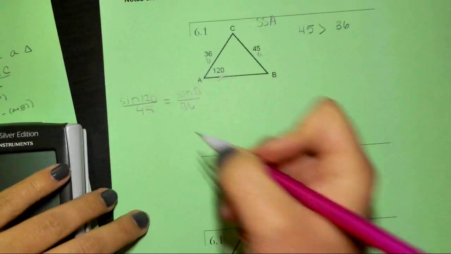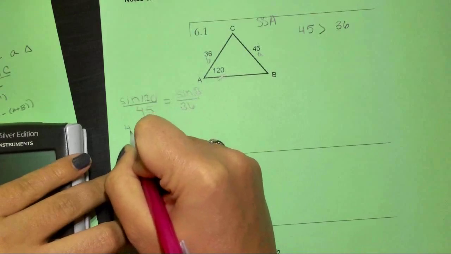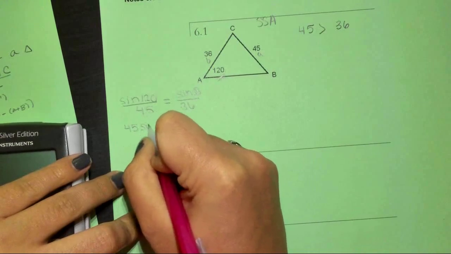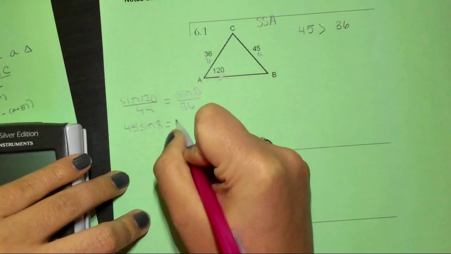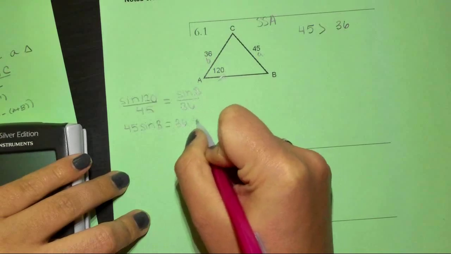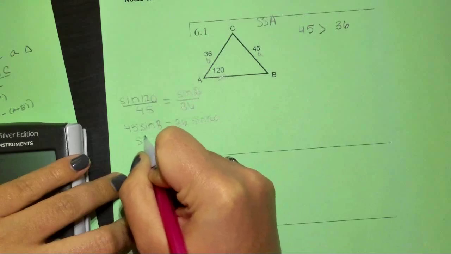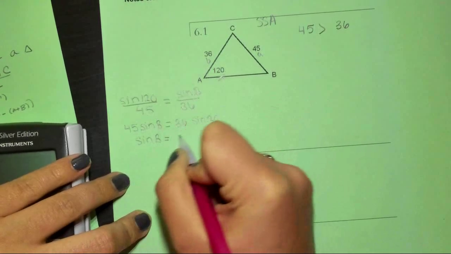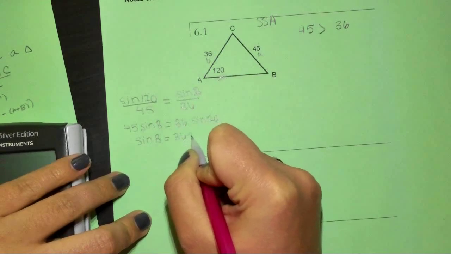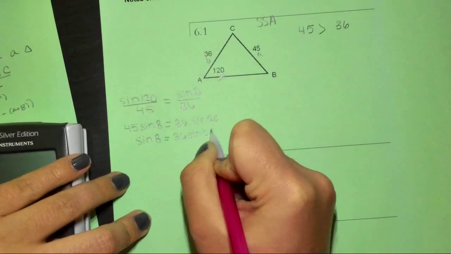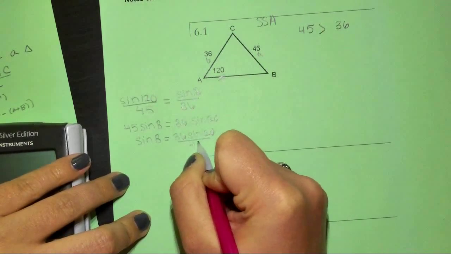When we cross multiply, we'll have 45 sine of B equals 36 times the sine of 120. So the sine of B is going to be 36 times the sine of 120 over 45.